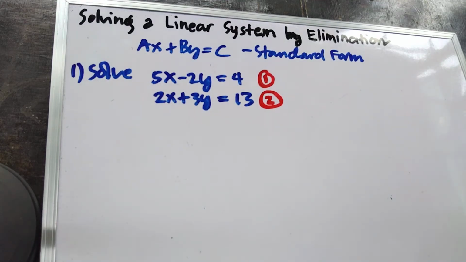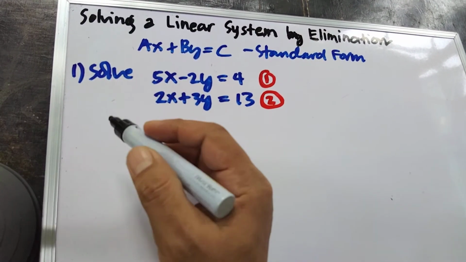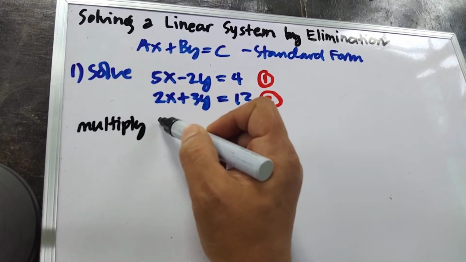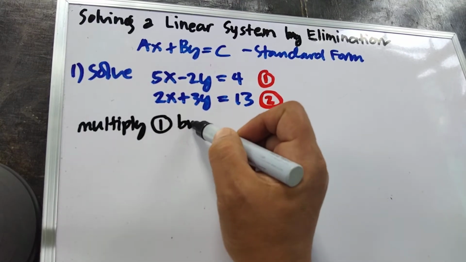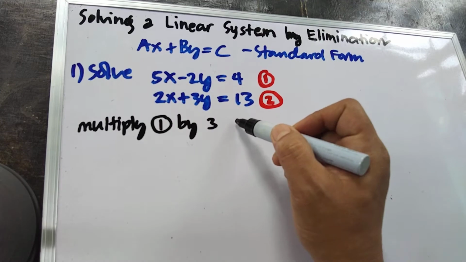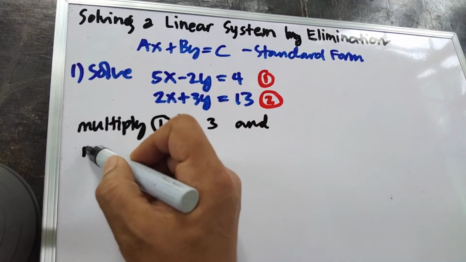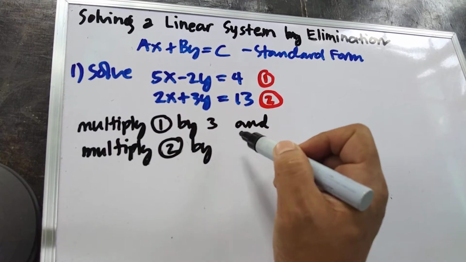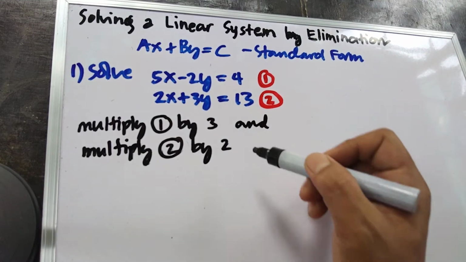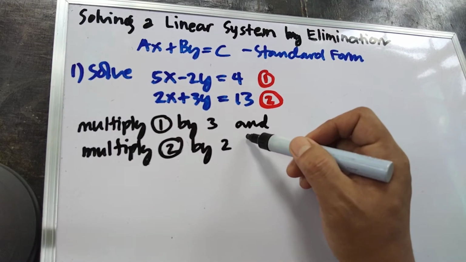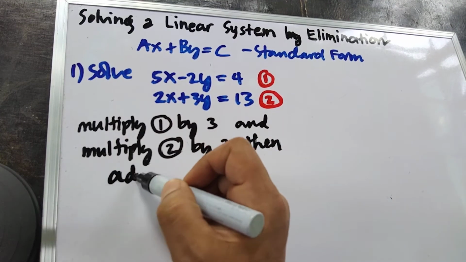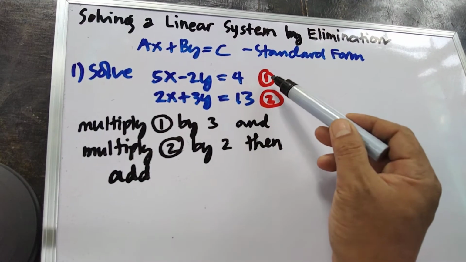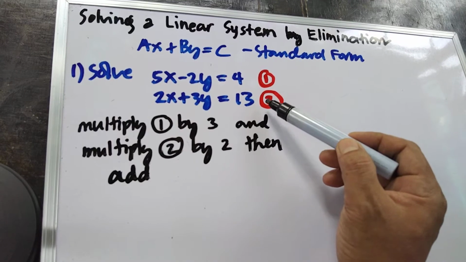To eliminate y, we need to multiply equation 1 by 3 and multiply equation 2 by 2. Then, we add.